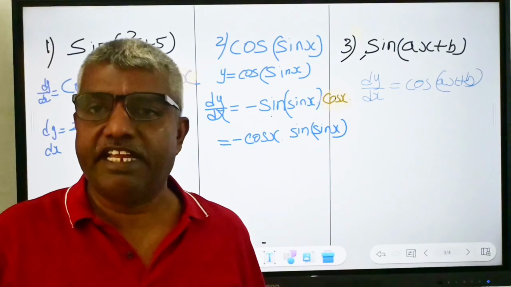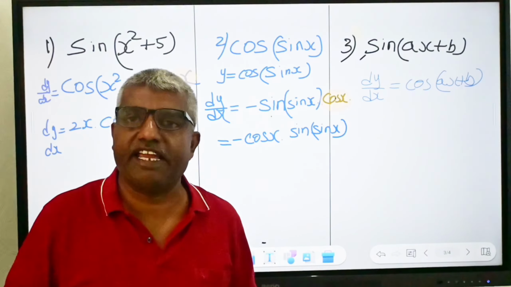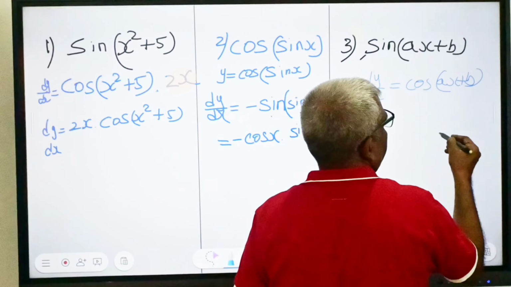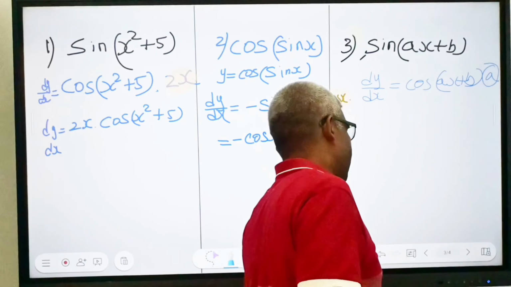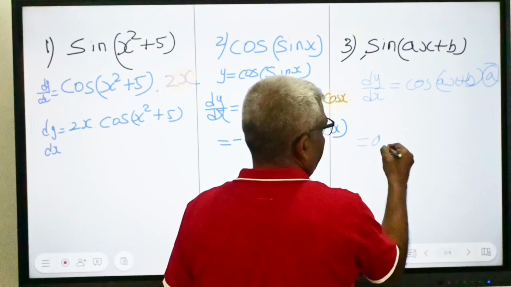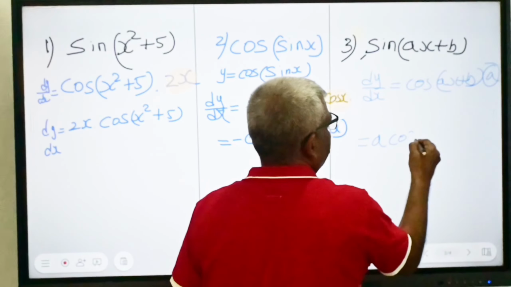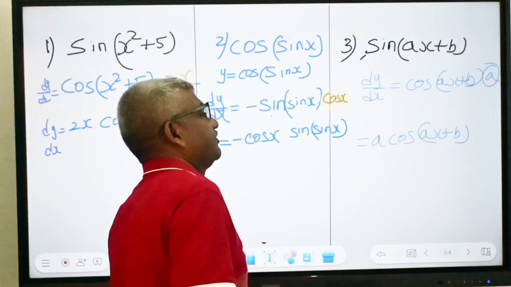Ax differentiates to a, 5x differentiation is 5, kx is k. So cos(ax plus b) times a. This a is the chain mechanism. Chain differentiation. So the answer is a times cos(ax plus b). Got it?